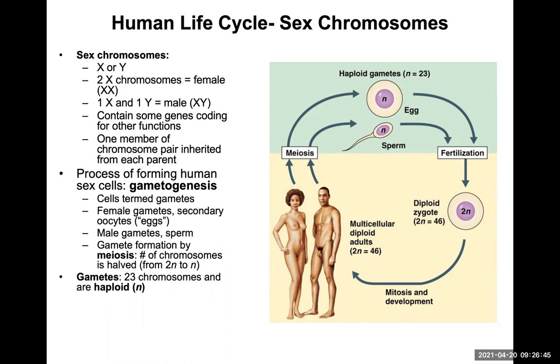Okay. The 23rd chromosome, as I mentioned, is the sex chromosome, right? So the skinny on the sex chromosome is that sex chromosomes can either be X or Y. Anytime you have a Y chromosome, you are technically genetically male. So genetic males have 1 X, 1 Y. Genetic females have 2 X's. There are, of course, conditions in which some people have 3 copies of the sex chromosomes, so you could have profiles like XXY or XYY.